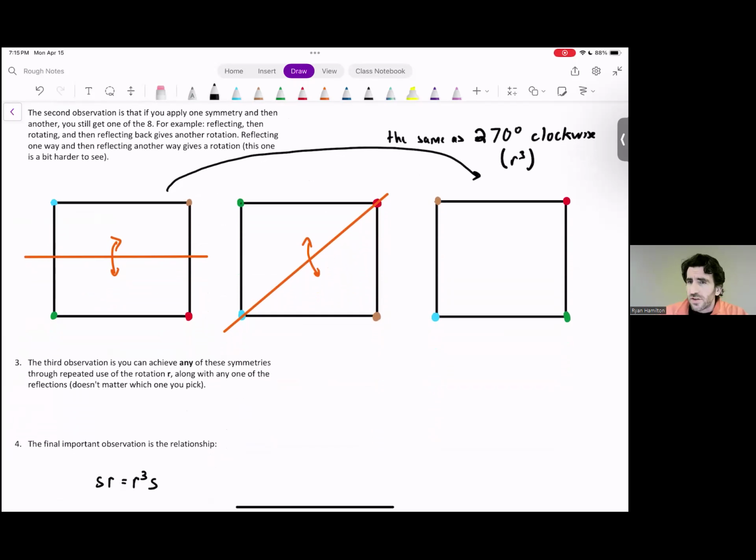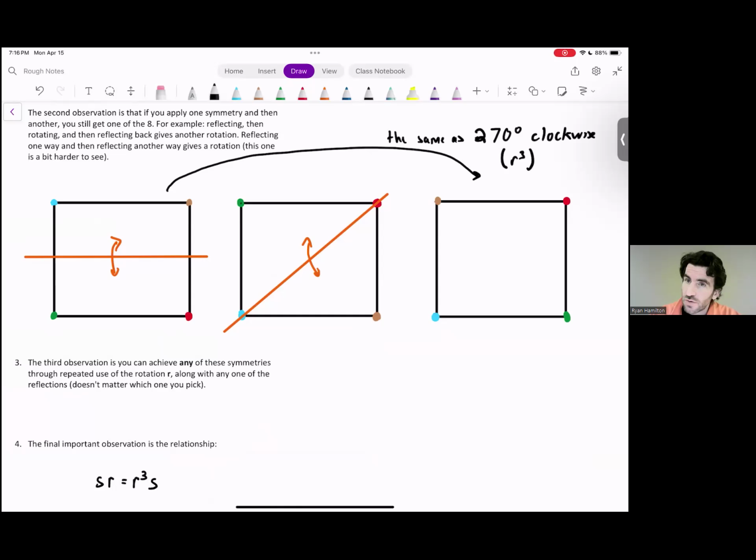Okay, the third, and this is the one where I will challenge you for a little bit of thinking on your own because it can be a little hard to visualize, is any of the original 8, you can achieve them by successive applications of the rotation R and any one of the reflections.